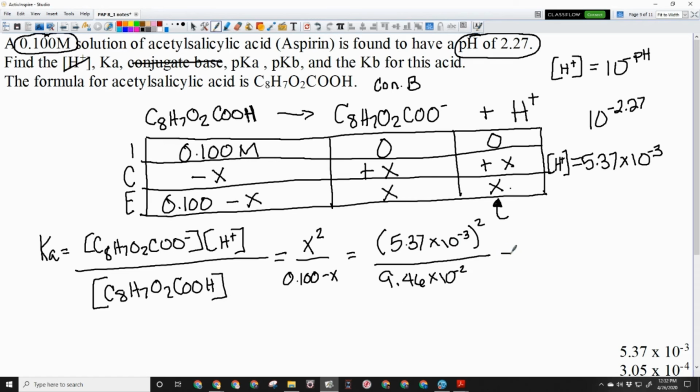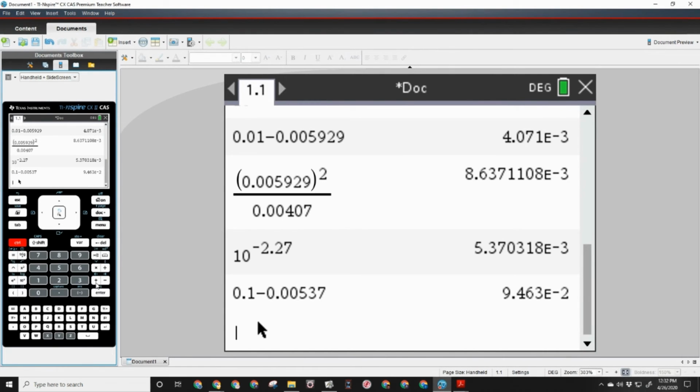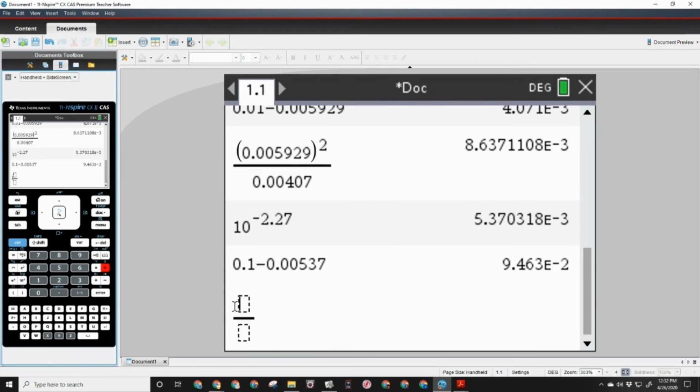All right, so now we have a math problem that's going to give us Ka. On top we have 5.37 times 10 to the negative 3, times 10 to the negative 3.